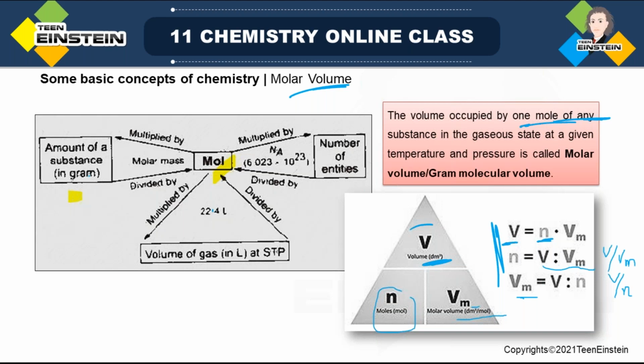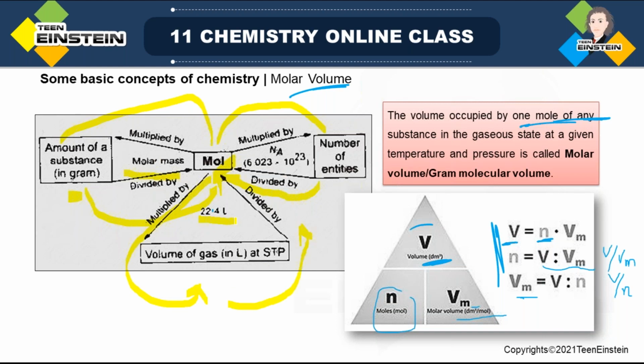So to convert this to this or this to this, you have to know the molar mass. Similarly, when you want to convert mole to number of entities or vice versa, you need Avogadro number. And when you want to convert mole to volume or the reverse, you have to know these figures. These are the conversion factors by which you can convert mole to other quantities.